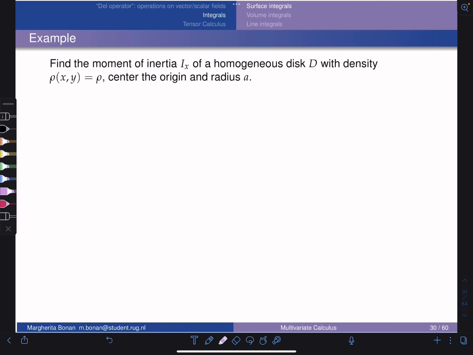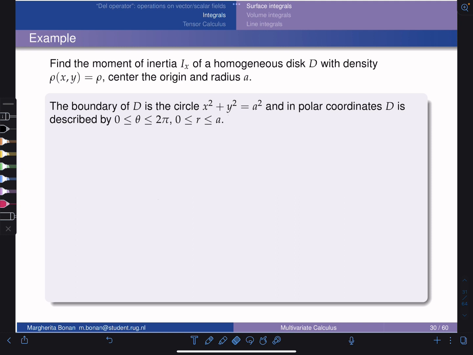As an example, now we find the moment of inertia of a homogeneous disk D with density rho, and the center at the origin and radius a. The boundary of D is the circle x squared plus y squared equals a squared, but in polar coordinates it is described by theta being bounded by 0 and 2 pi, and r being bounded by 0 and a.